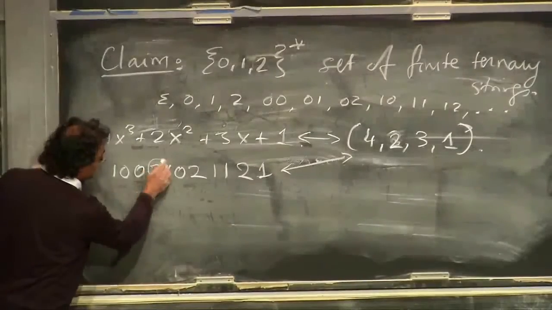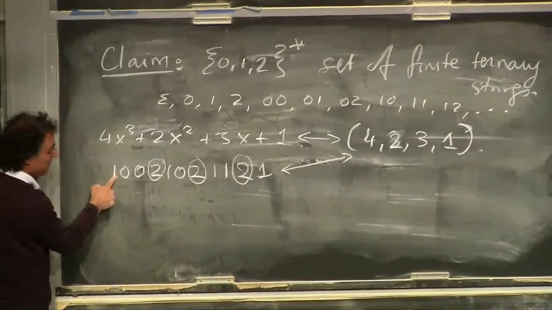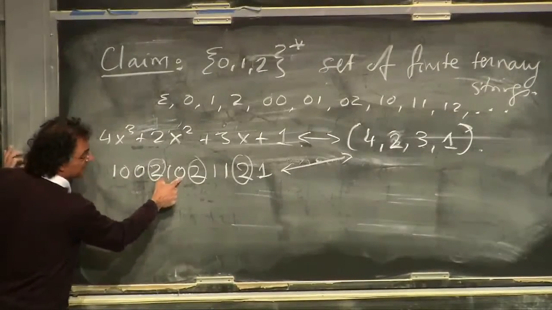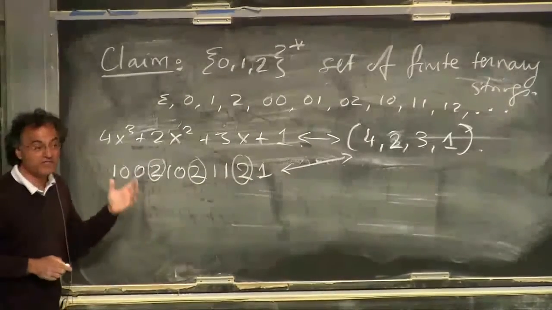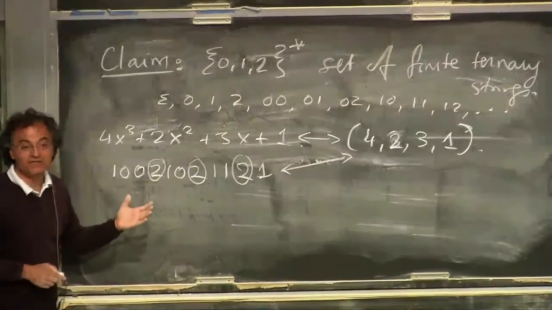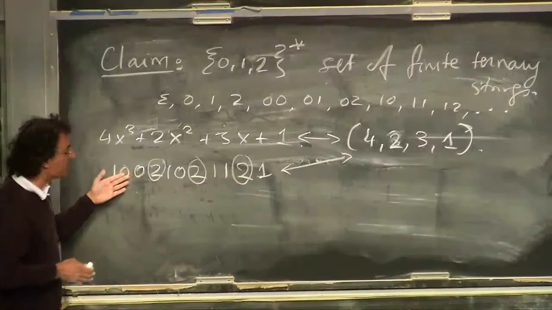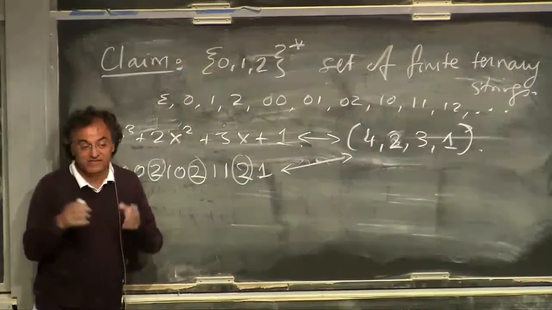The 2s are the commas. This must be A, it's 1, 0, 0, that's 4. This is B, it's 1, 0. 1, 1 is 3. 1 is 1. So you can read off the coefficients one by one. So you know that it's one-to-one. You can't have two different polynomials that map to this. And therefore, the number of polynomials is less than or equal to, etc.